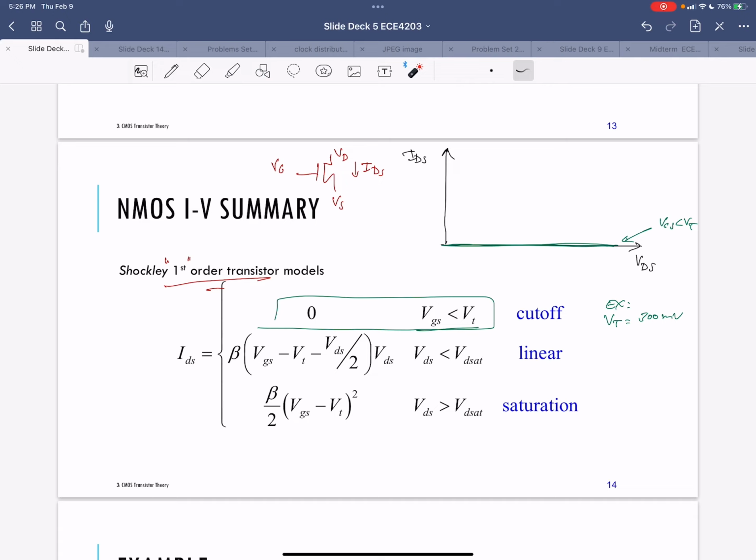Once VGS gets above the threshold value, so VGS is greater than VT, you get into this linear region where you get a change in current. You end up with this equation: a change in current that's linearly dependent on the gate source voltage you picked, and square law dependent on VDS.